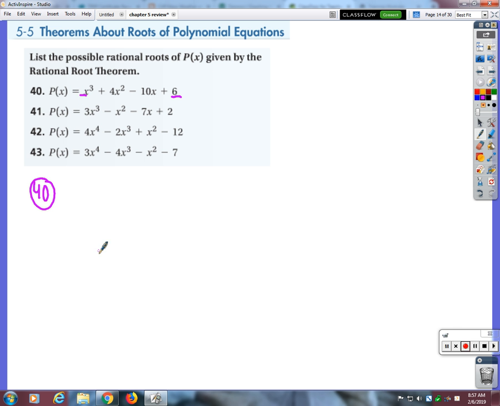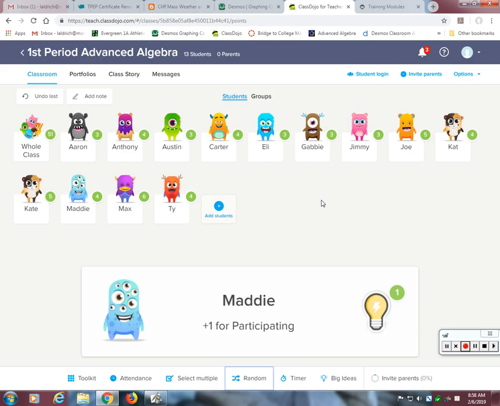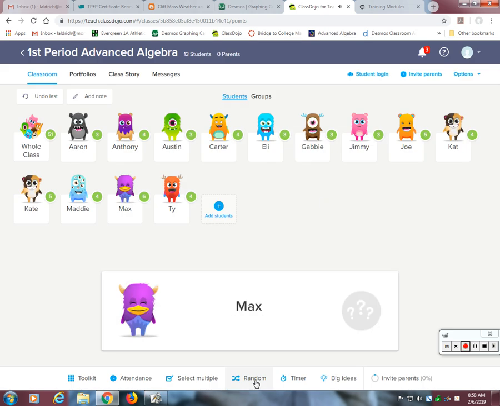And what are the factors of 6? 2, 3, 6, and don't forget our old pen 1. Okay, yep, and then they're all going to be plus or minus. And then technically these would be divided by the factors of 1, but the factors of 1 are just 1, so there's nothing to do there. Okay, so plus or minus 1, 2, 3, and 6.